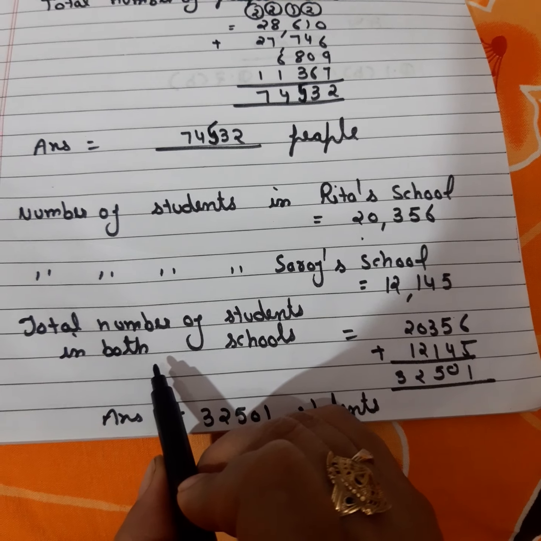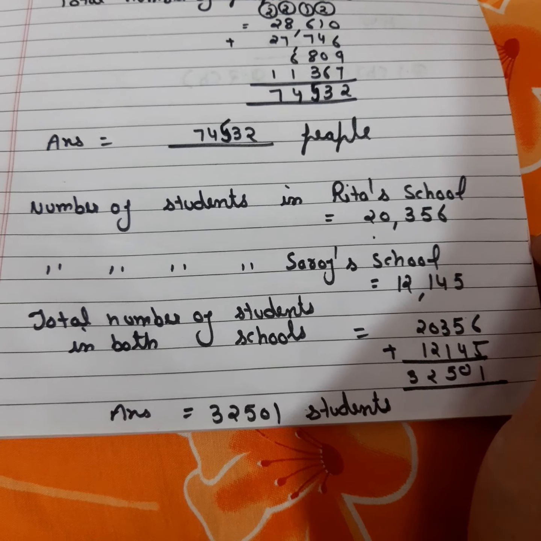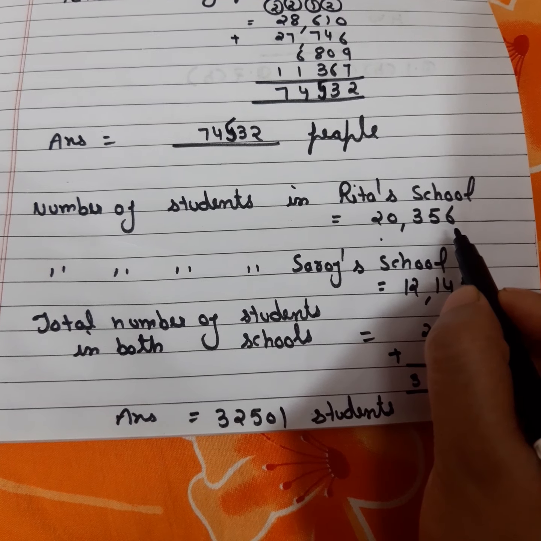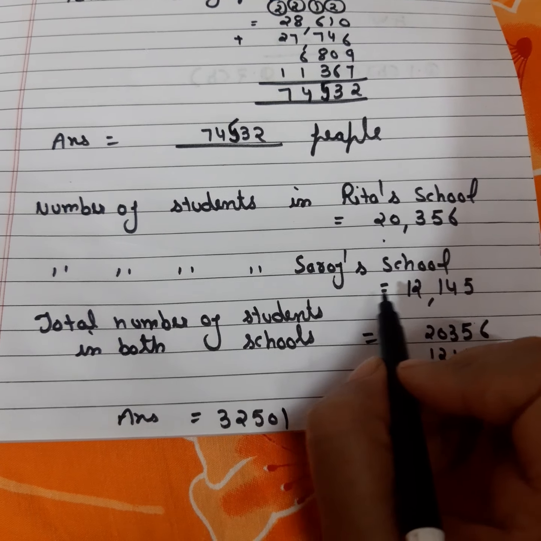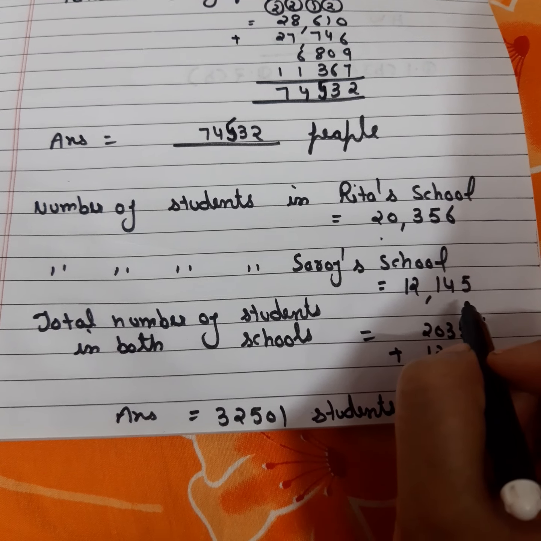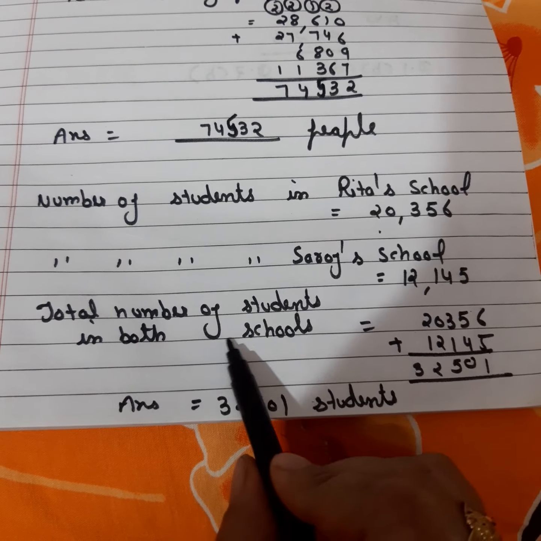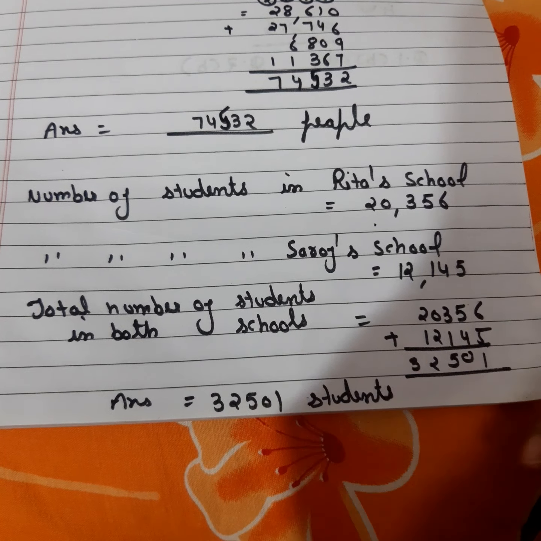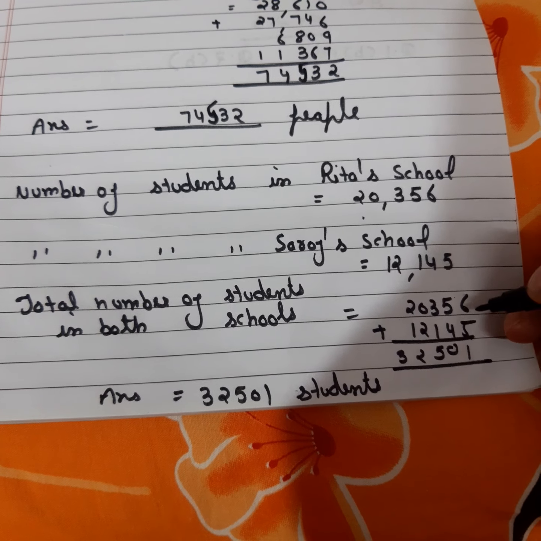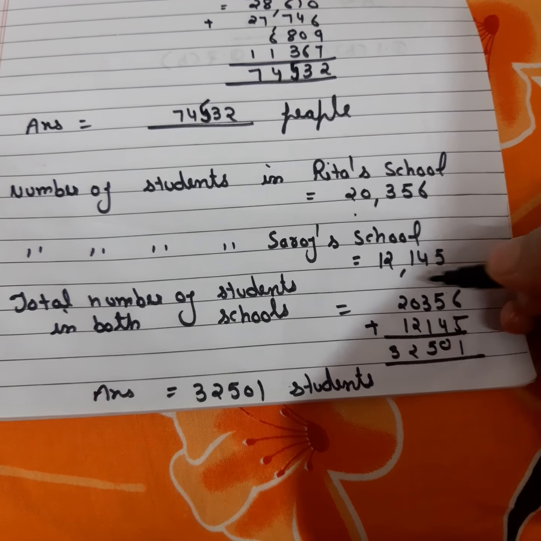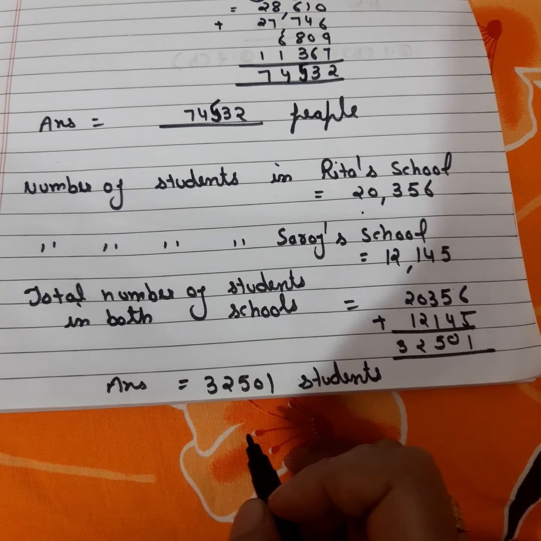We have to just calculate the total number of students in both the schools. So we have to do the addition only. So 6 plus 5 is 11. Then same way I added the things, and ultimately you get your answer as 32,501.